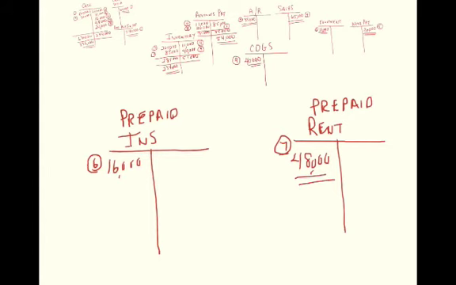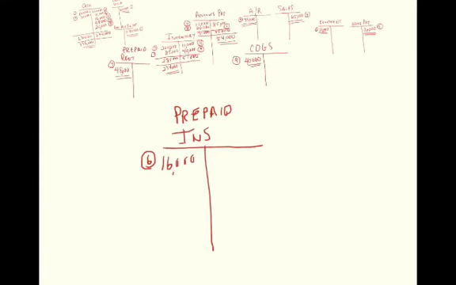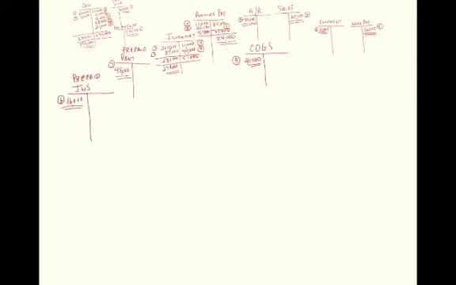Prepaid rent, we'll do that, make it small, put it up over here. And the prepaid insurance also, and make it small. And then that's all of our T accounts there.